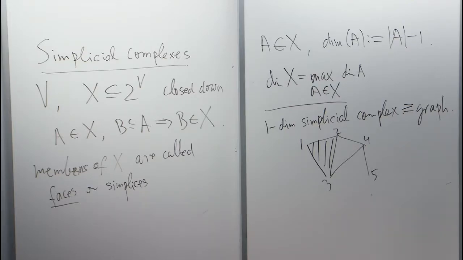And just as a comment, why did they fall out of favor in the eyes of the topologists? Because they have more efficient ways of encoding geometric objects, CW complexes and so on. But the great thing for us is that this is completely combinatorial and we can think about it. Okay, so that's a simplicial complex.